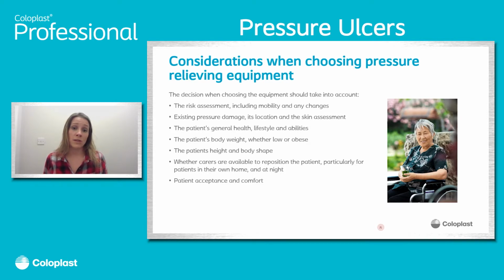There's no one size fits all with pressure relieving equipment, unfortunately. So we need to familiarise ourselves with what's available to us and ensure that our patient is accepting of the equipment, comfortable with it, and aware how to use it. These are all things that we should consider when we're choosing which equipment is suitable for somebody.